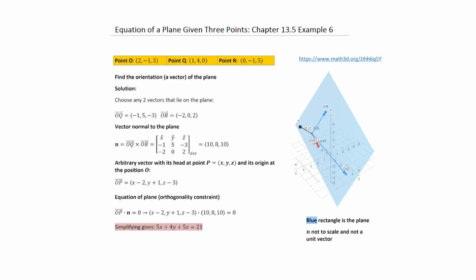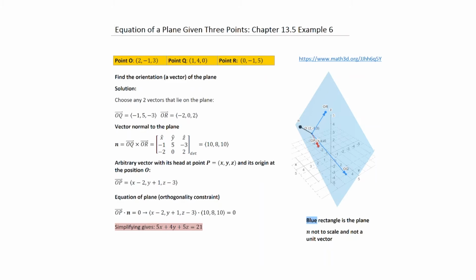I just take the dot product, follow through, and set it to 0. Then after some rearrangement, because the dot product produces a scalar value, you end up with the equation 5x plus 4y plus 5z equals 21.